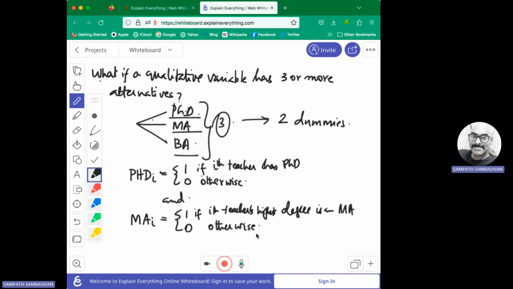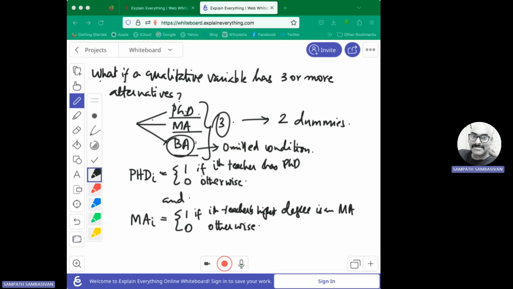You might wonder how this third possibility would be captured here. The third possibility here is the omitted condition. In this case, the omitted condition is the third possibility of the highest degree being BA. How would this condition be taken into consideration?